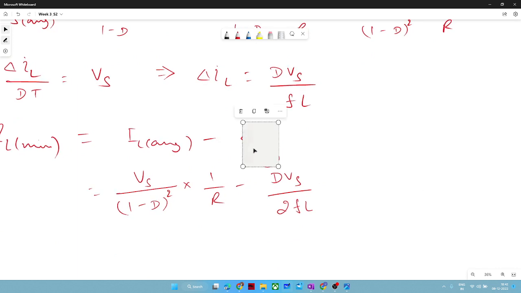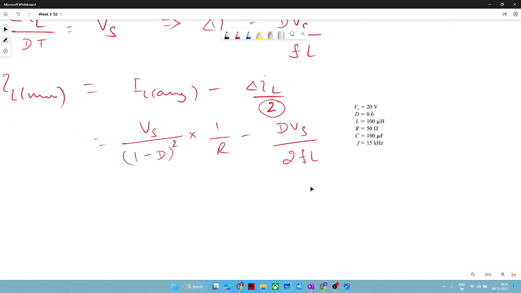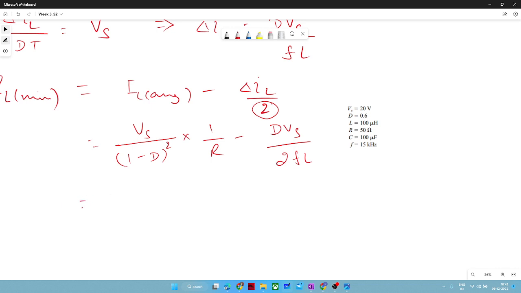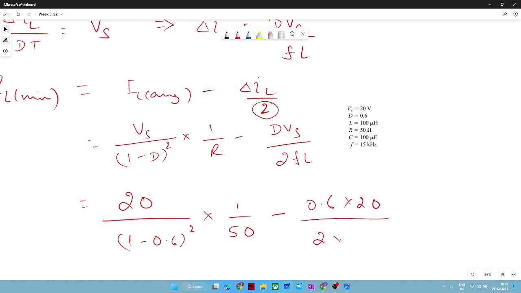Now we just need to put in all the values we are given. So I will take it again here. Vs by 1 minus 0.6 whole square into 1 by 50 minus 0.6 into 20 divided by 2 into 15 into 10 raised to power 3 into 10 raised to power minus 4.